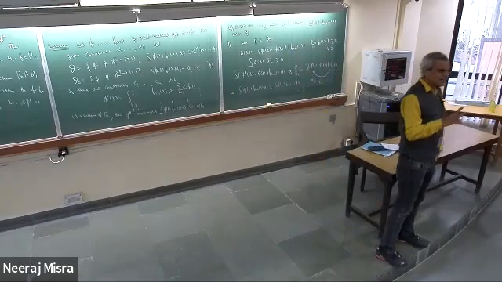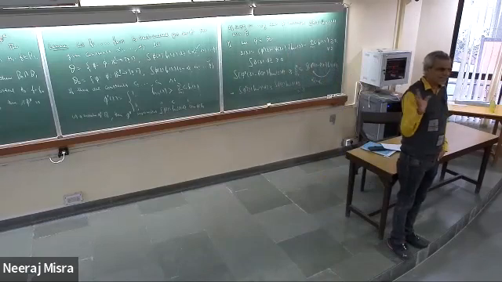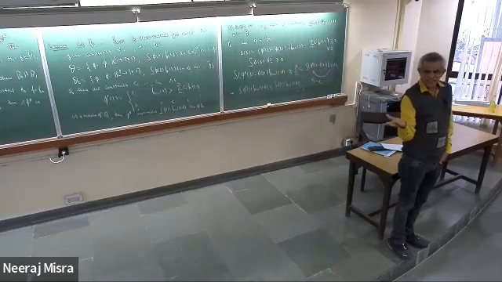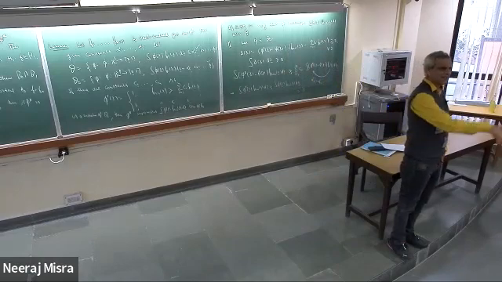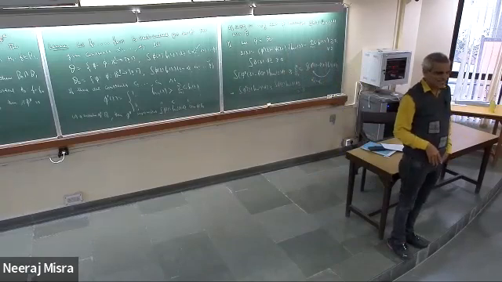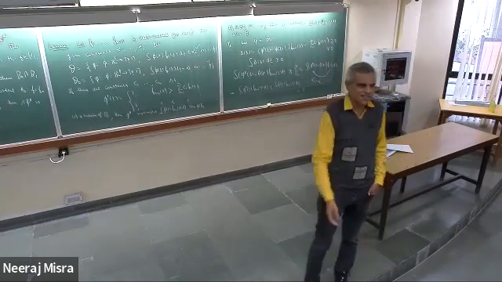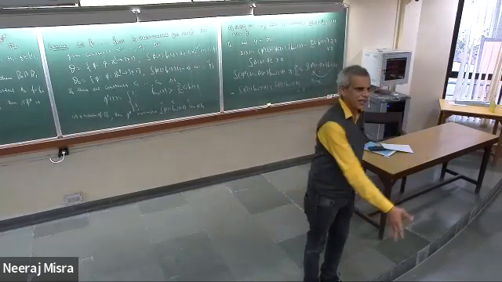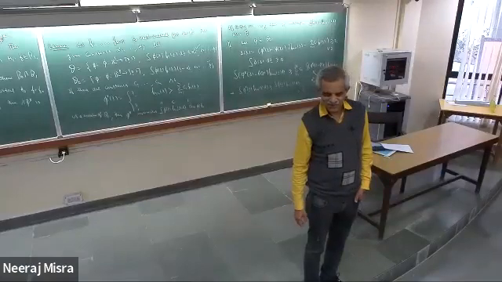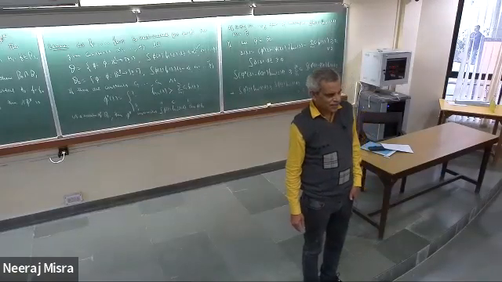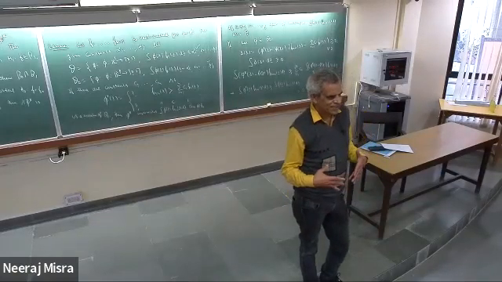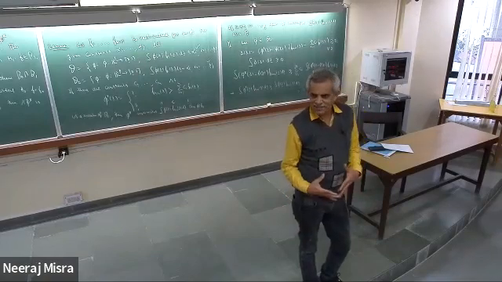Have you ever realized when you decide a test, when does a critical region become X bar greater than C and when it becomes X bar less than C? Has it ever bothered you that you look at the test and immediately they say that I'll reject for X bar greater than C? Why not for X bar less than C? Is the question clear which I'm asking to you?